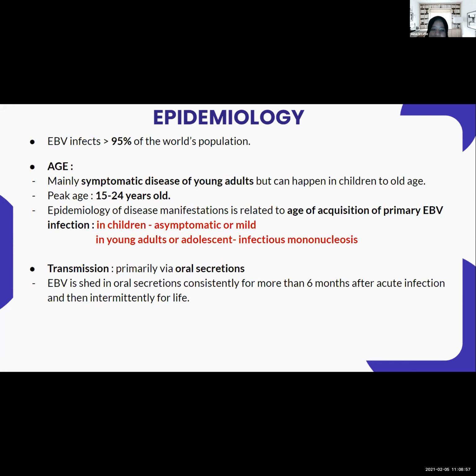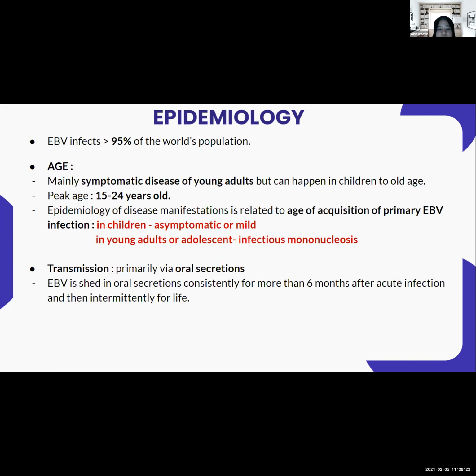Okay, so it is mainly a symptomatic disease of young adults, but it can happen from children to old age, and the peak age is 15 to 24. It is important to note that the disease manifestation is related to the age of acquisition of primary EBV infection. If you acquire it during childhood, it is usually asymptomatic or mild. If it occurs in young adults or adolescents, it can present as symptoms of infectious mononucleosis.